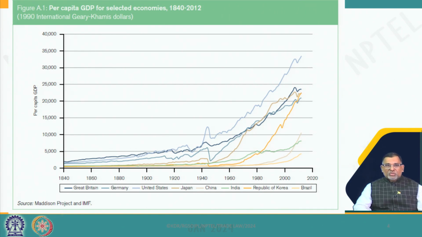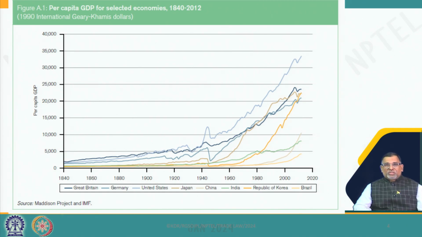Countries like Germany, Great Britain, the United States, Japan, and most importantly the Republic of Korea, and developing countries like India and Brazil, the graph is going up with a very high speed from the 1950s.